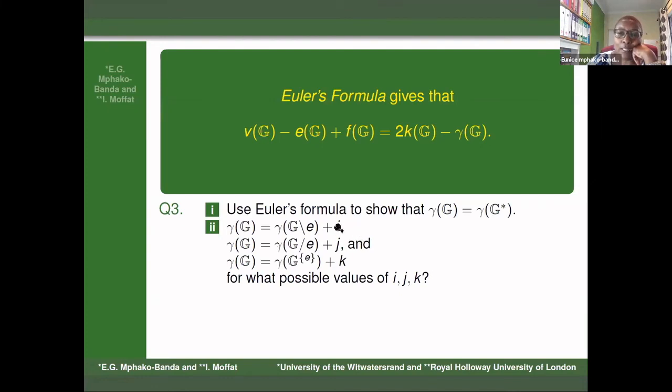Here, the job is to find these values I, J, K, which can give you all these 3 equations. This is how you can play around with the concepts which we have introduced, and you build on from there.